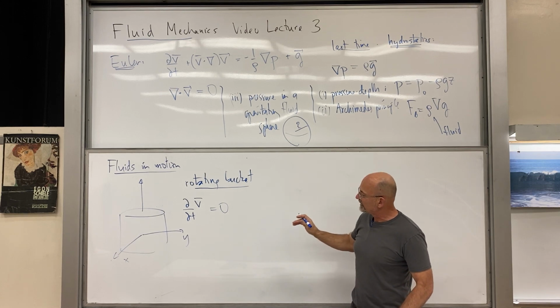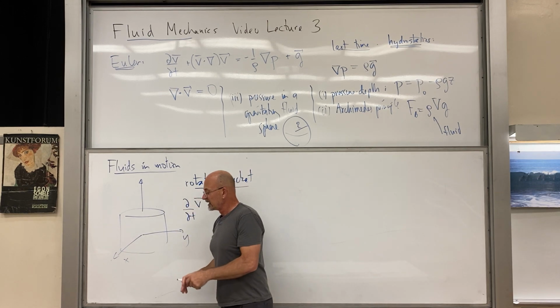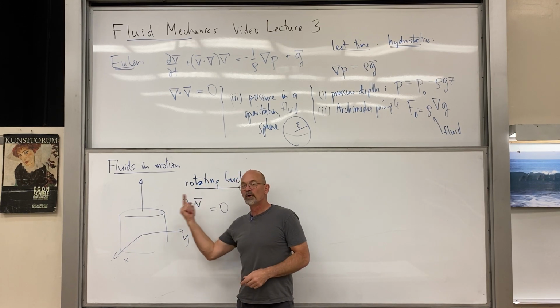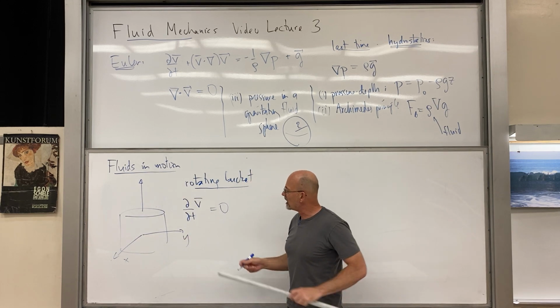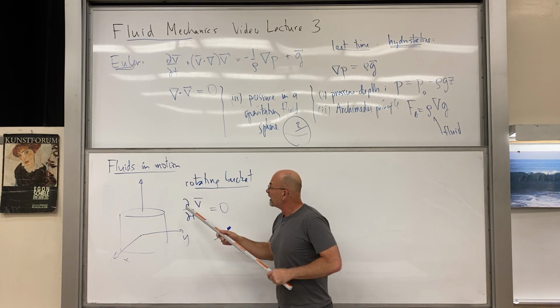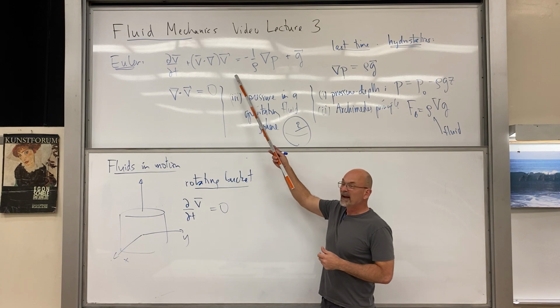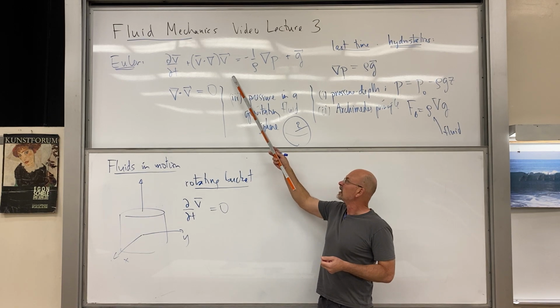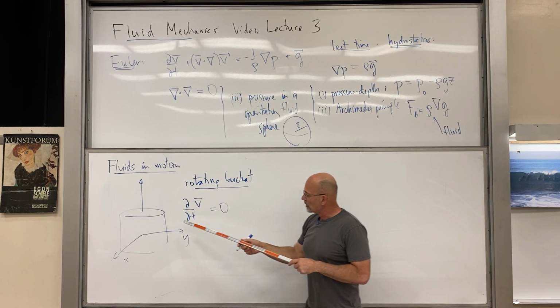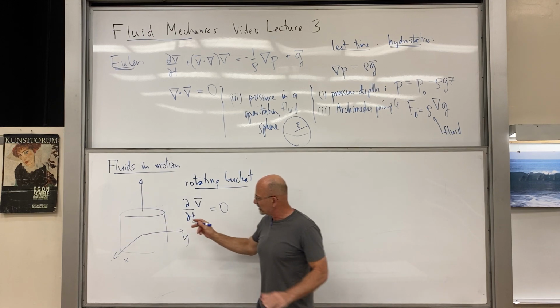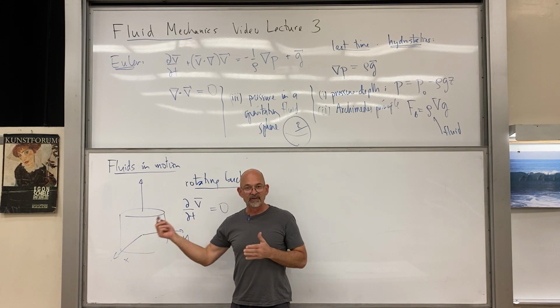We would not be able to have a bucket of water and then just start up the rotation and wait for a long time and then have the equations deliver the transient, the result of that rotation, where it would spin up and eventually it would just be rotating as a solid unit.